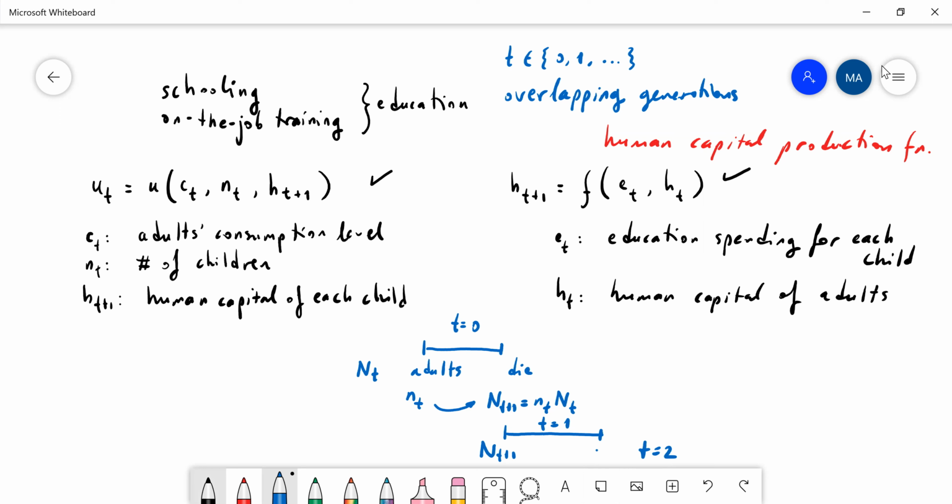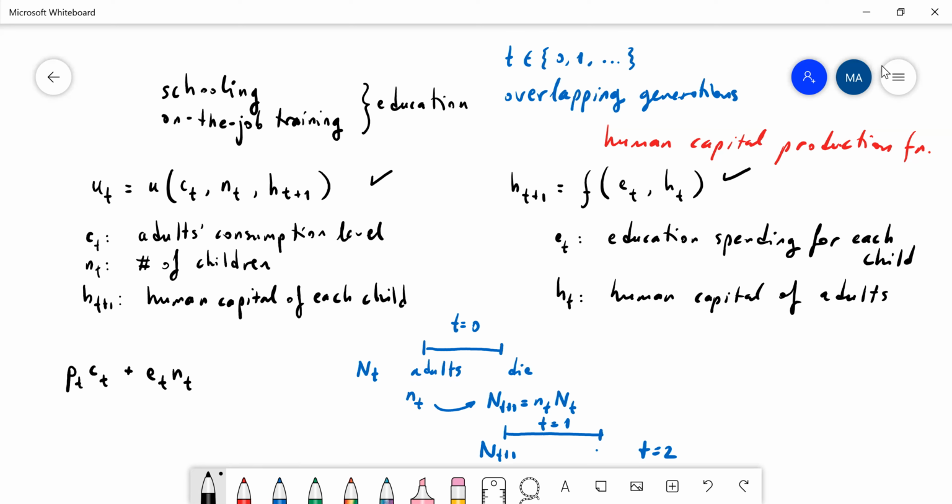The last thing to consider before solving this model, and you understand that I am trying to formulate an optimization problem here, is the budget constraint. There will be a budget constraint where the adult pays for consumption and also pays for the education of their kids.